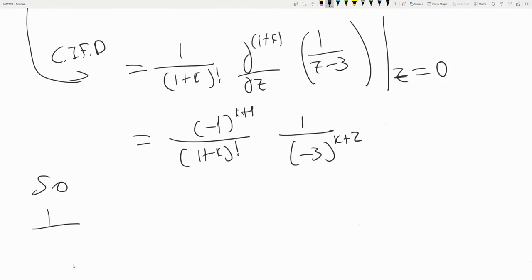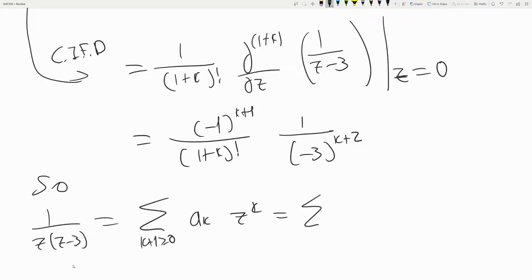So the series is the following. k has to start from, we said, minus 1. So a_k times z to the k. The factorials cancel out. So you just have minus 1 over 3 to the k plus 2, times z to the k.